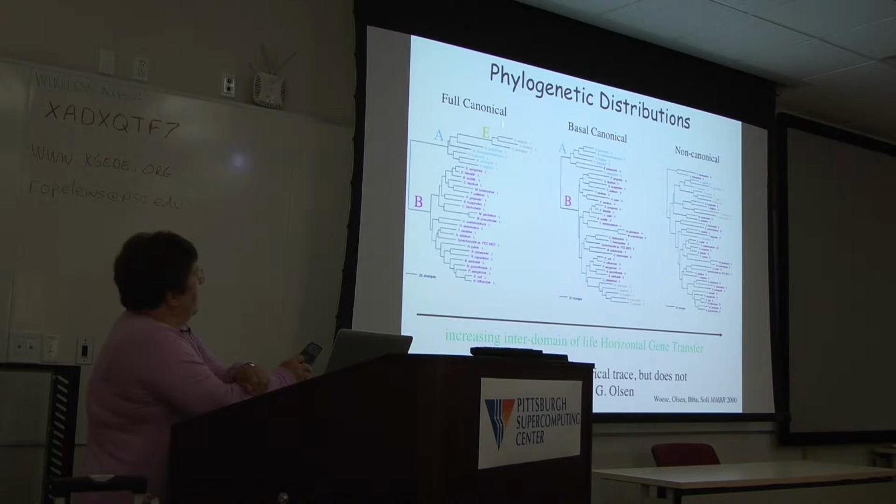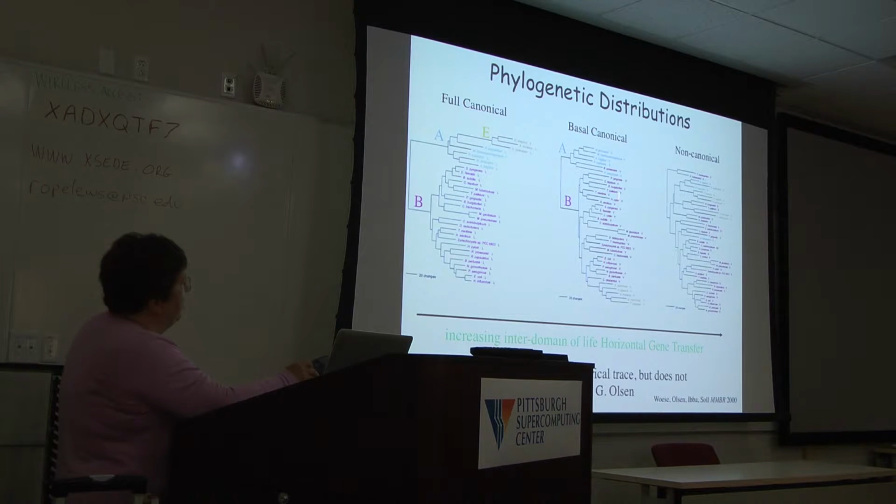If it's full canonical, it just means you see these 3 sections, with the archaea being closer to the eukaryotics, and here's the bacteria. If you lost one of them, it's clear the eukaryotic ones are now, sequence-wise, more comparable to the bacteria than they are to the archaea.